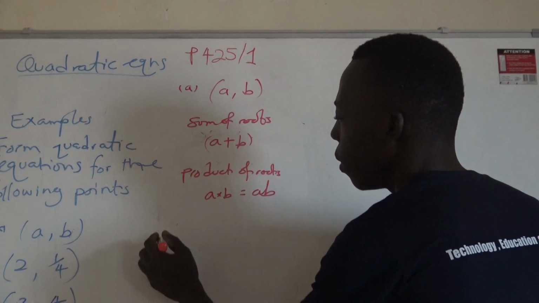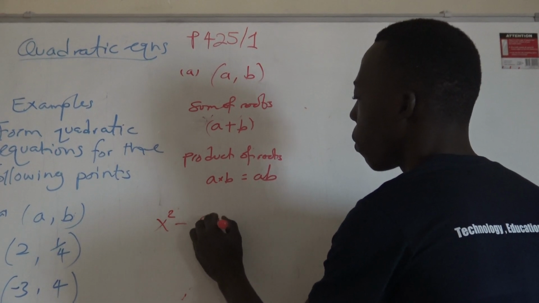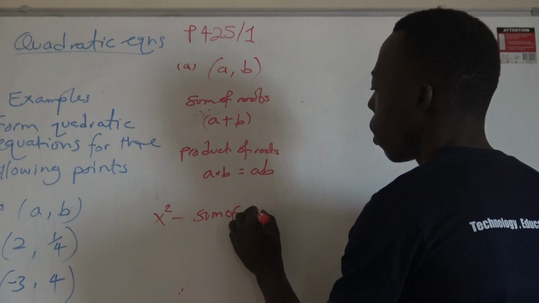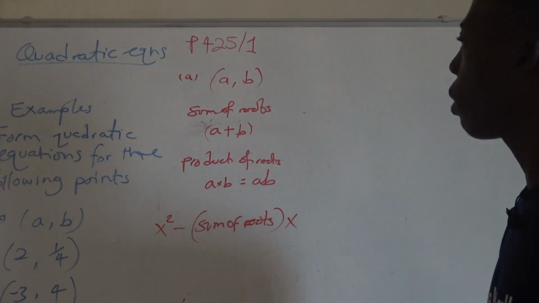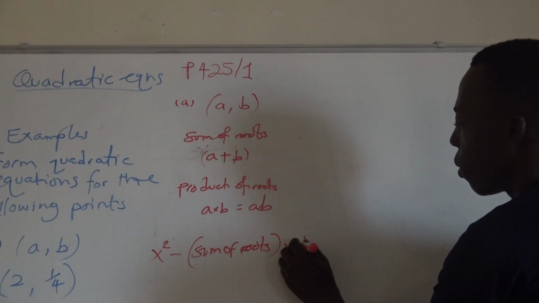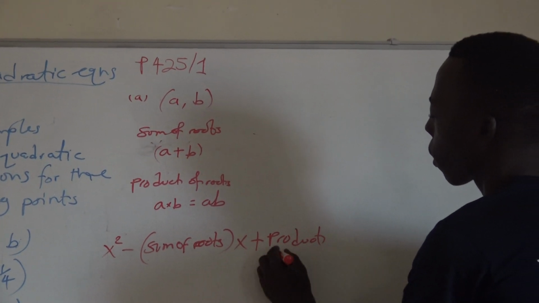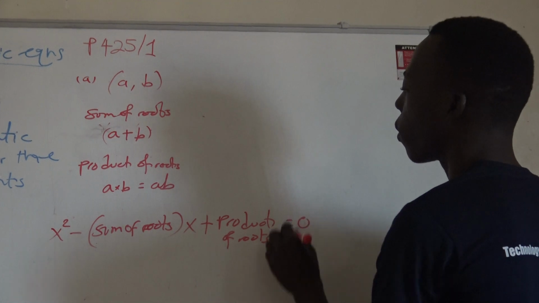The formula is x squared minus the sum of roots, then times the value of x. Since we are going to deal with x squared, plus the product of roots. This one must give us 0.